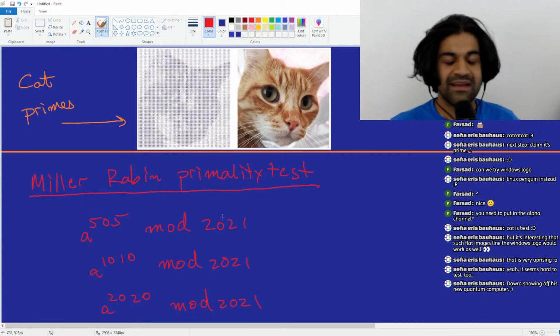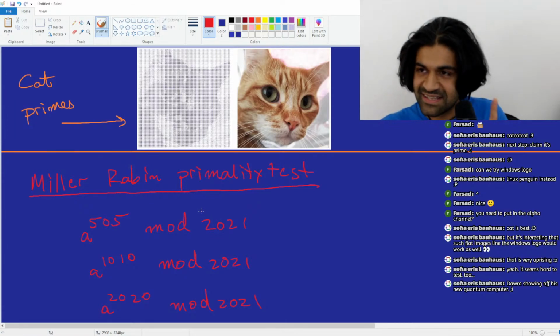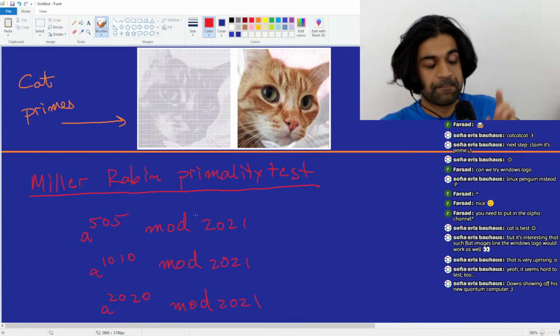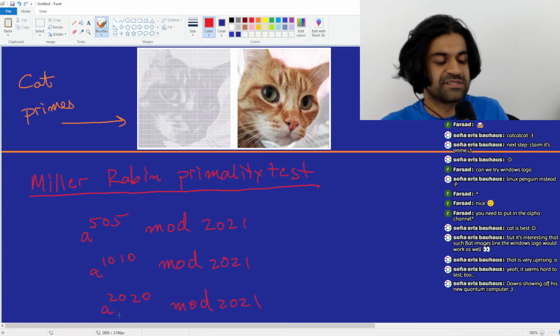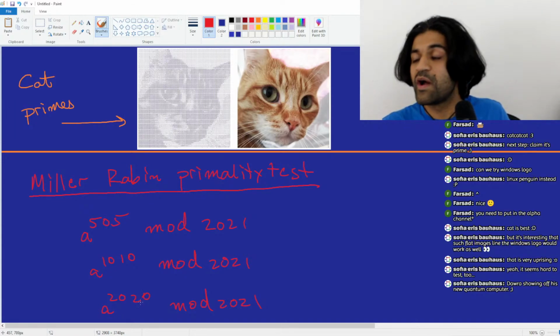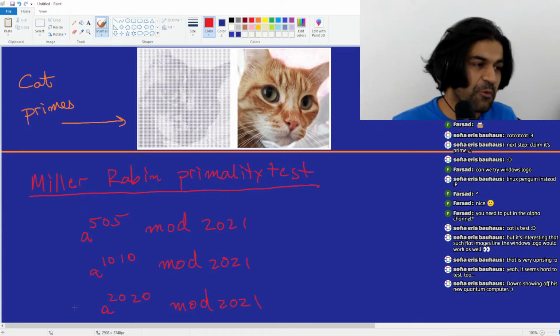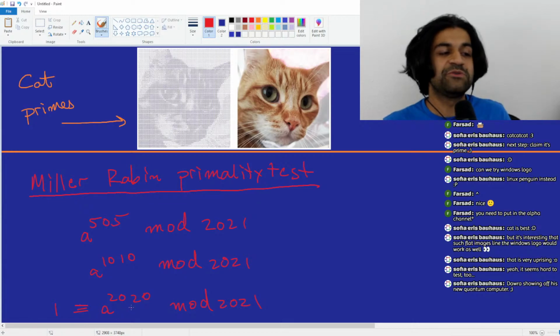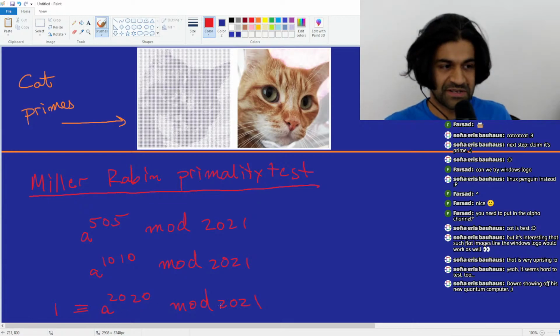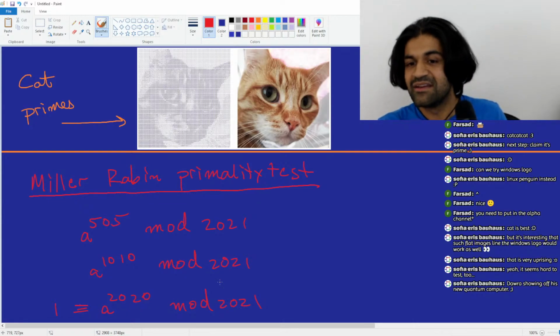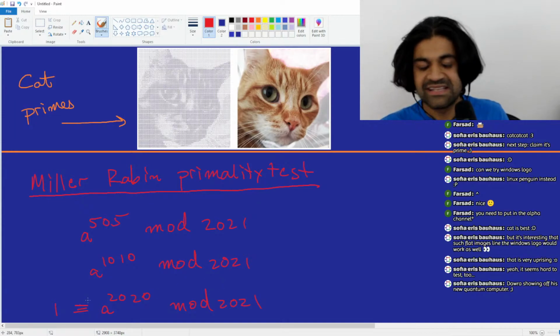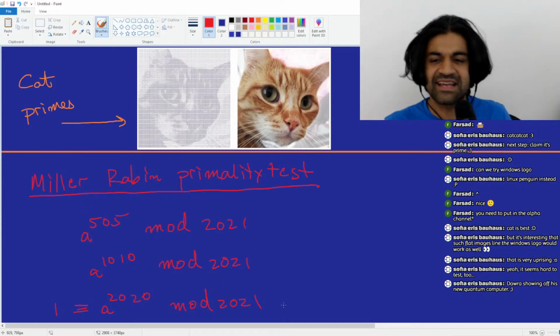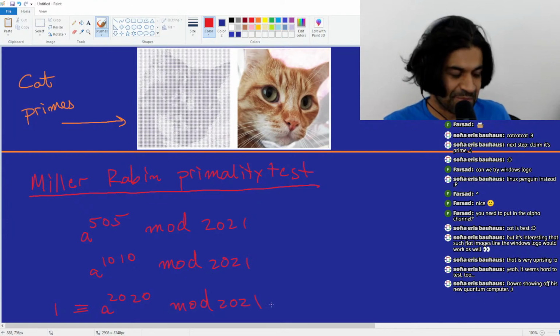Okay. Now here is the thing that I want you to note. First and foremost, A to the 2020 has to be 1. So the remainder when you divide A to the 2020 by 2021 has to be 1. This is called Fermat's little theorem. It's not that hard to prove. Let me know if someone wants to see a proof of this.